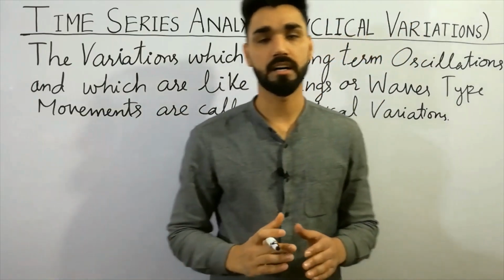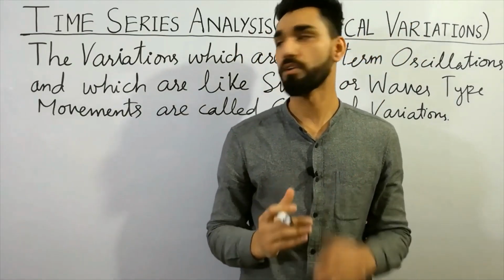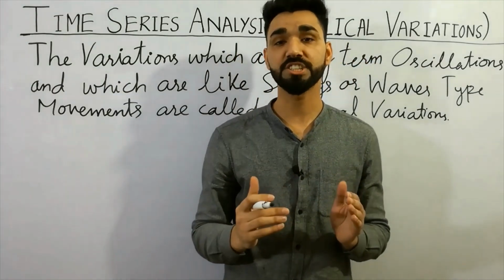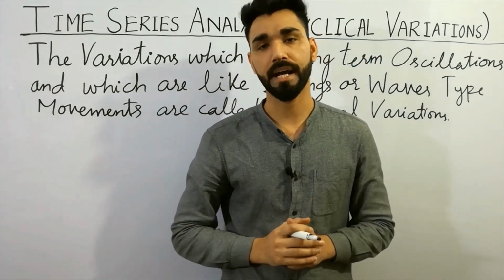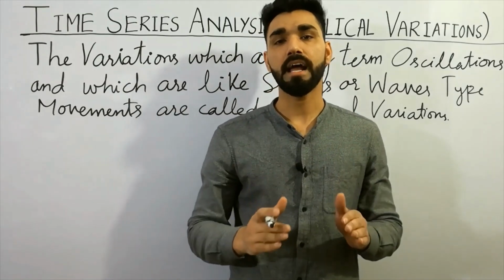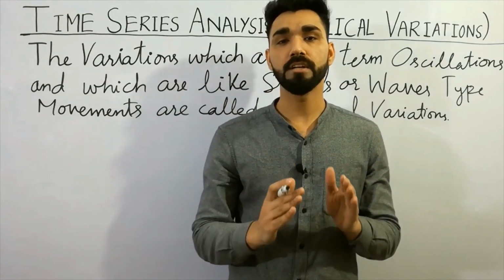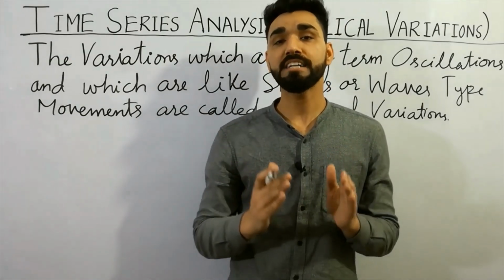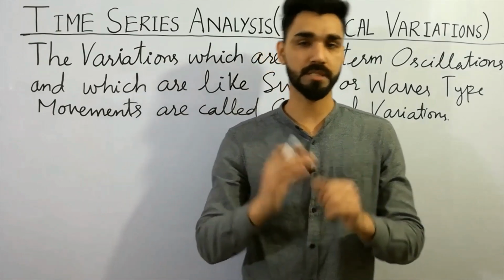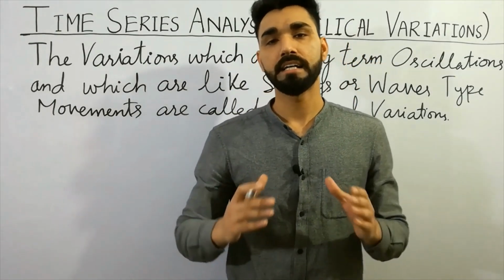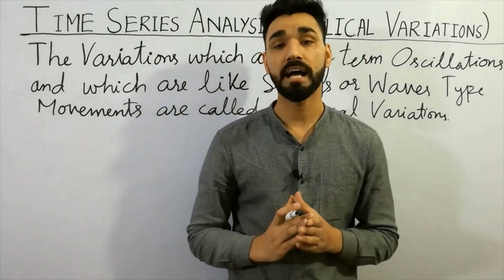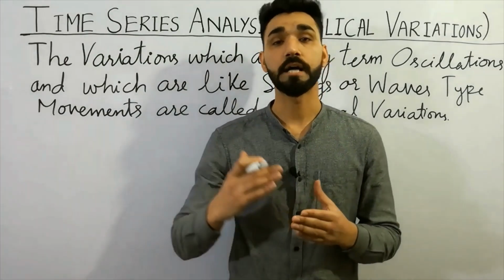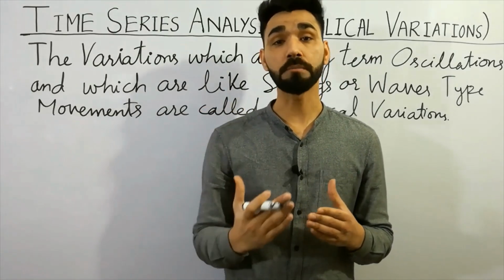So let's look at a real life example of cyclic variation, which will be very helpful to you to understand this topic. Must remember that the best and main example of cyclic variation is the life of a businessman. As you know, the life of a businessman has prosperity sometimes because he gets more and more money.